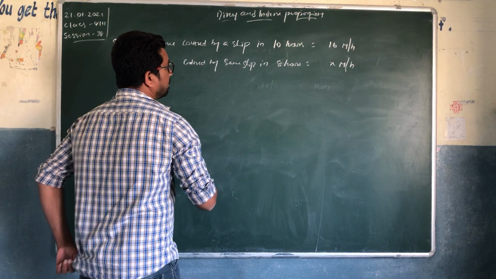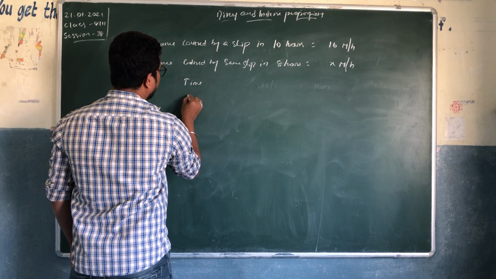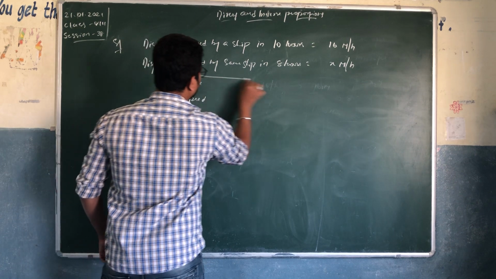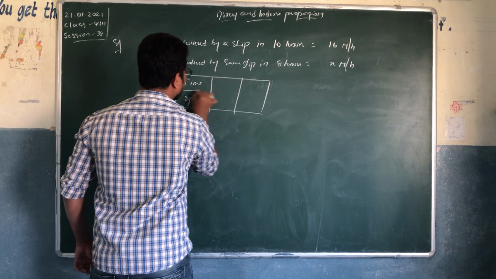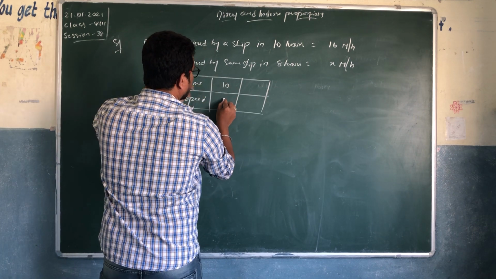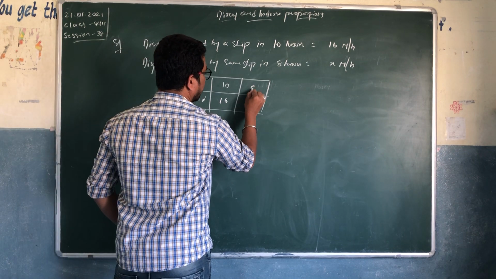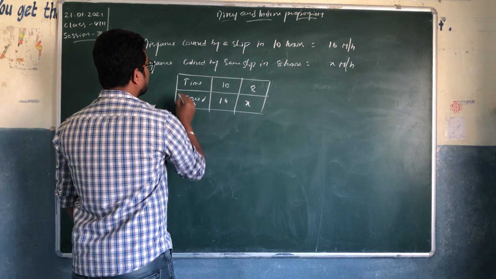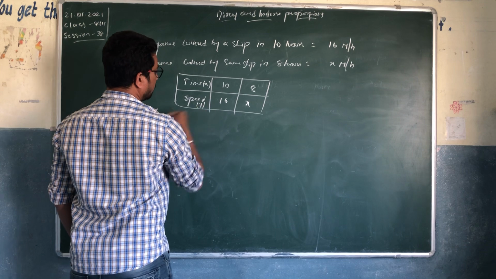Let's keep it in a tabular form again. First, time and speed. So first we have 10 hours, right? We are covering 16 miles per hour. Then we have only 8 hours and we are covering x miles per hour, right? Now, take time as x and speed as y.